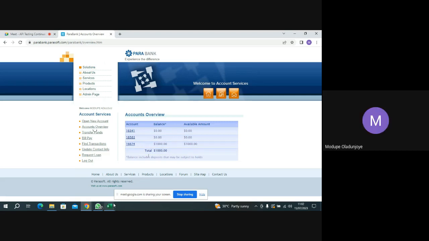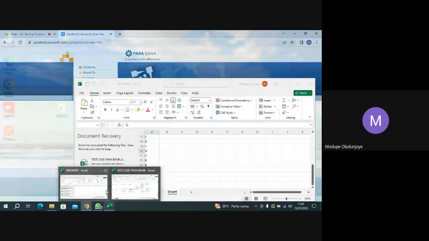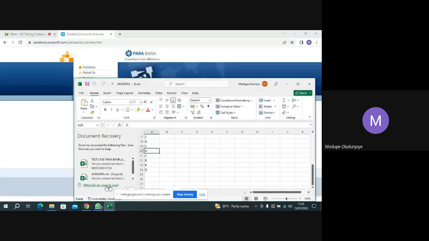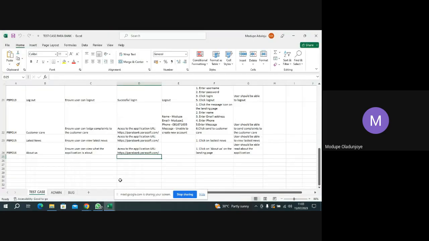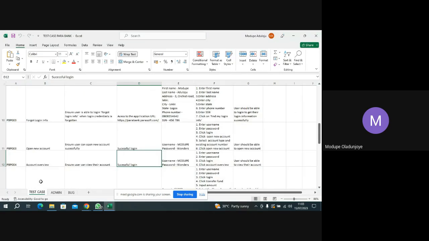Yes, yes. This is the account overview. Ensure user can view their account after successful login. Usually, the user should be able to view their account. Okay.